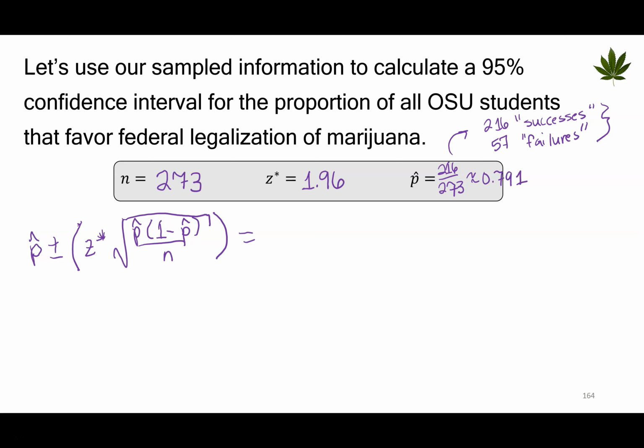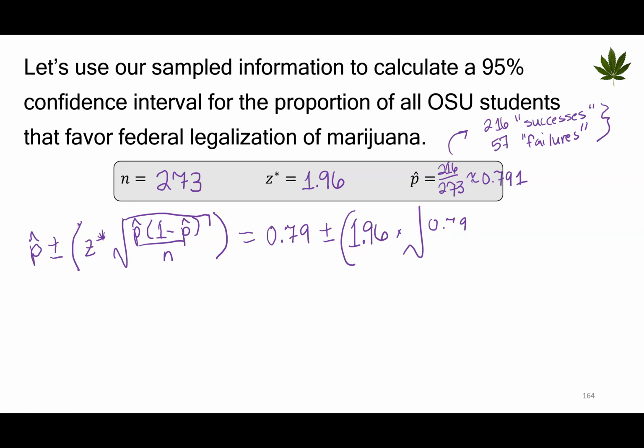It's okay if you round to the 0.791, but my answer I didn't round until the very end. Plus or minus 1.96 times 0.79.